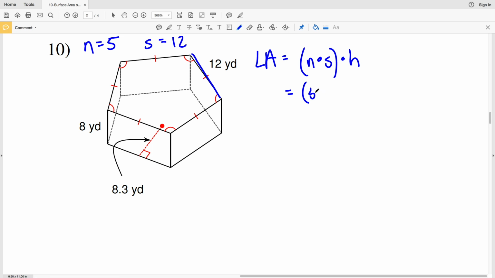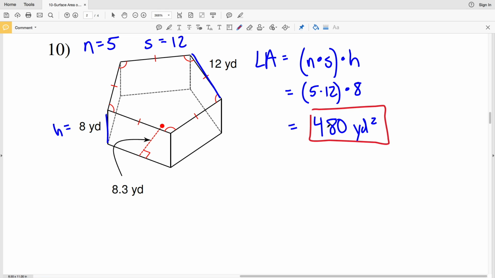That'll be 5 times 12 for the perimeter, times the height of the figure, h, which is 8 yards. 5 times 12 is 60, and when we multiply that by 8, we'll get 480, and our label is yards squared. So 480 yards squared is the lateral area in number 10.